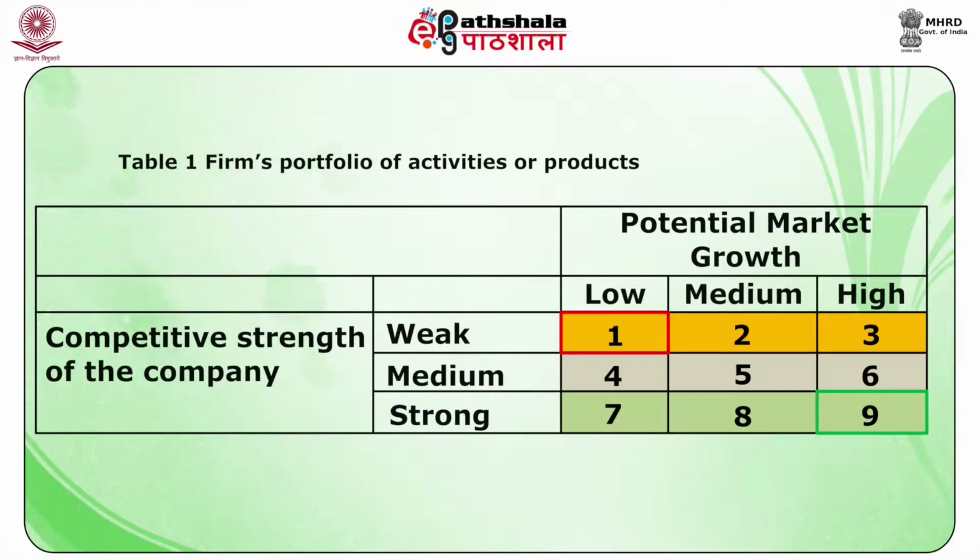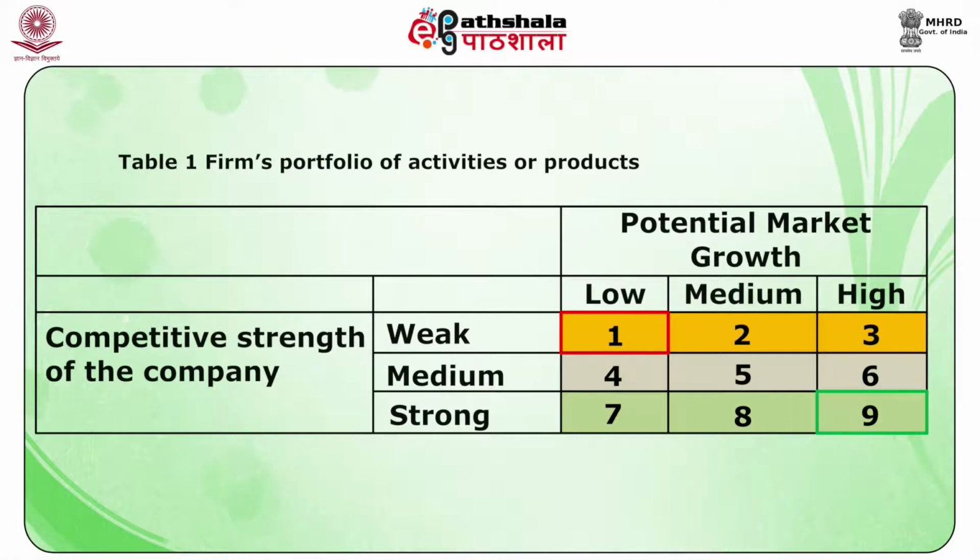Boxes 3 and 6 show high growth sectors with firms that are not very competitive. Here, the decision to continue mobilizing the resources in the existing products or to move them to the alternative uses depends on whether or not the firm decides to attain strong competitive position in the market.